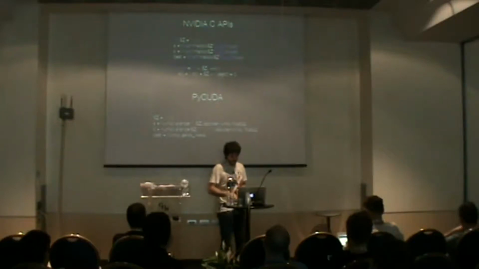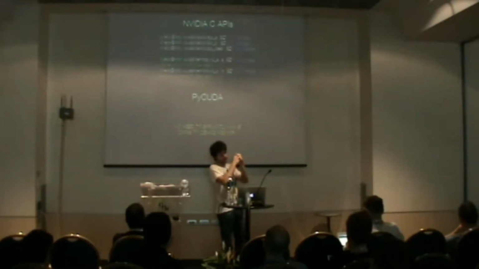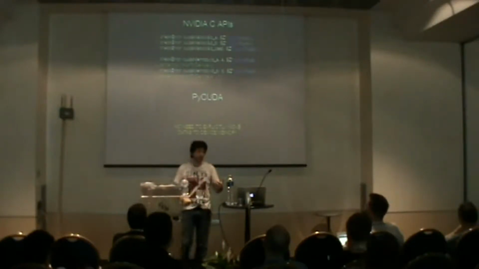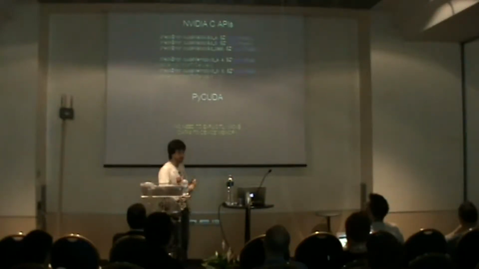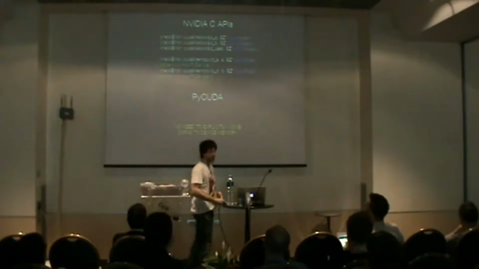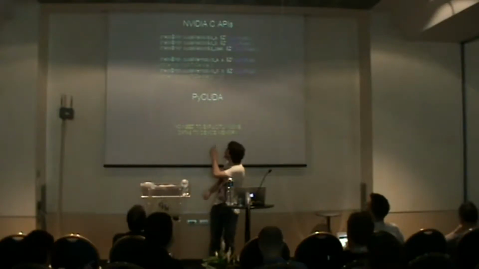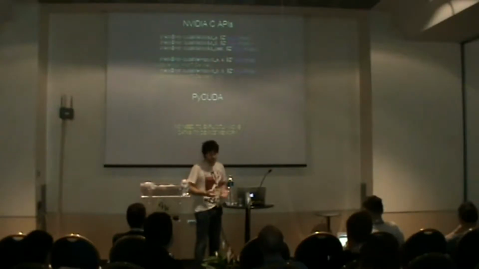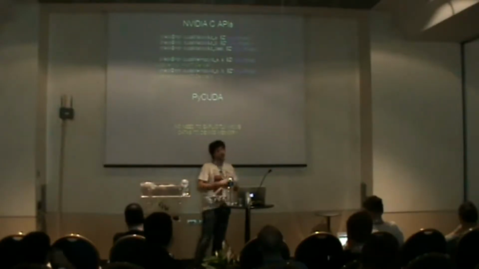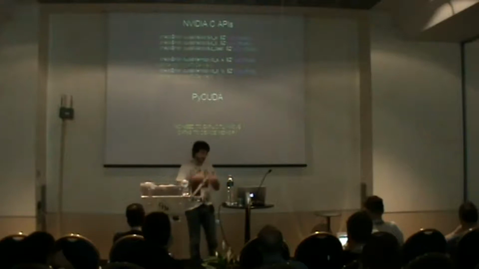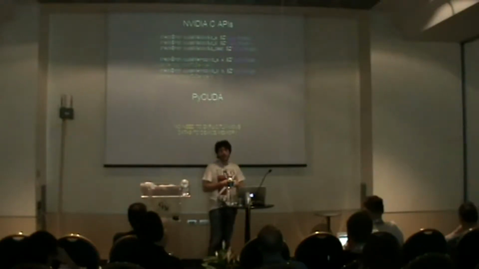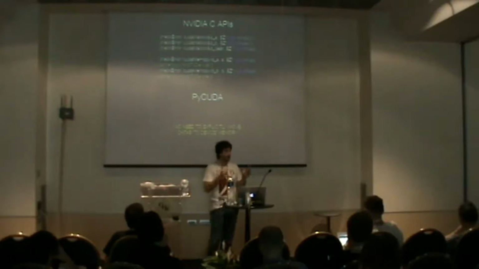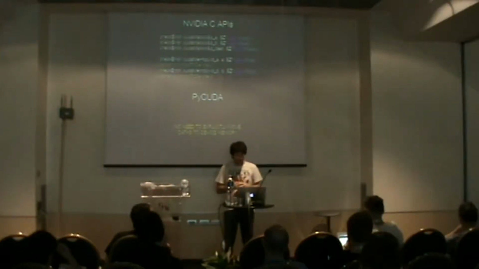In the next slide, in the Nvidia C API program, we copy the contents of our vectors to the GPU using the cudaMalloc function. This is not needed on PyCUDA. You don't need to explicitly move the memory from the host to the device, because we will see in the next slide how PyCUDA can do this automatically.